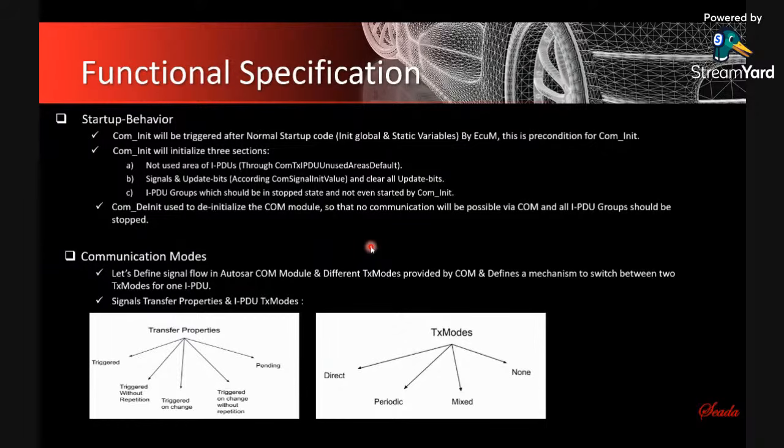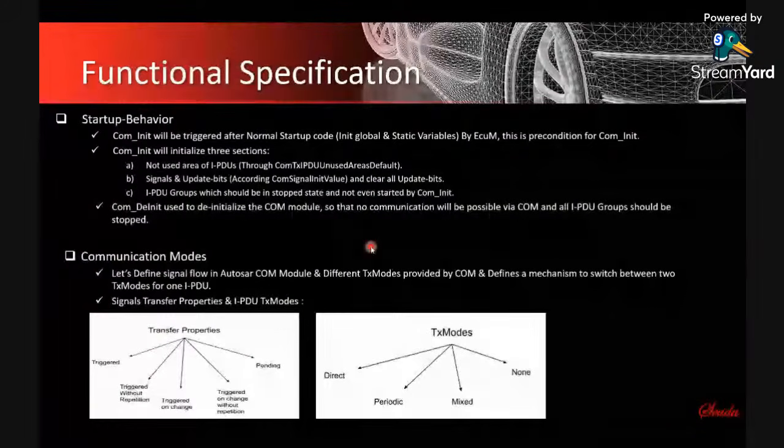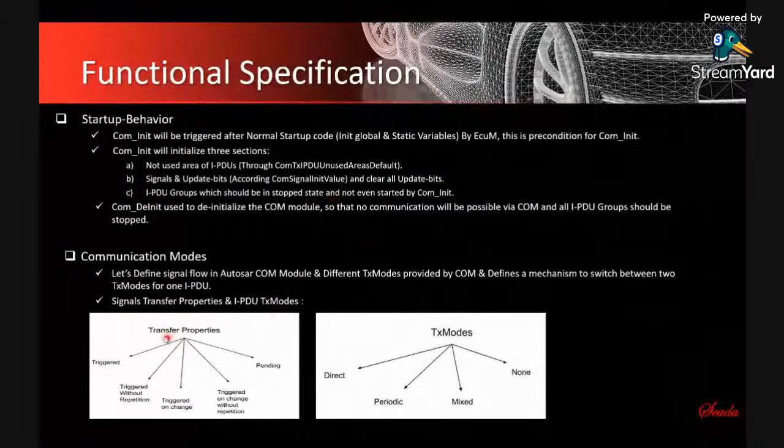And each IBDU, separated among these signals or signal groups, has its own transmit mode. Based on this value, there is a transmit mode for each IBDU, and there is a transfer property for each signal group inside this IBDU. There is a transmit mode evaluation happening here. How this is happening, we don't understand yet. We're gonna see this by graph, which is better to understand it. But first of all, I will discuss with you what a transfer property is and what a transmit mode is.